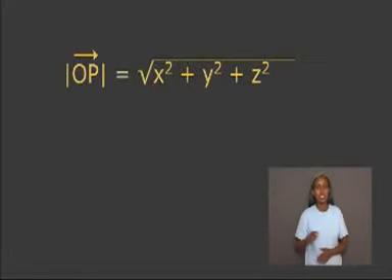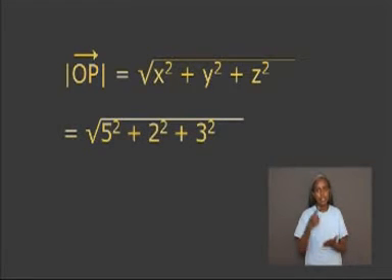The magnitude of this vector is the distance between O and P. We can determine the distance by calculating the square root of the sum of the squares of the three coordinates.